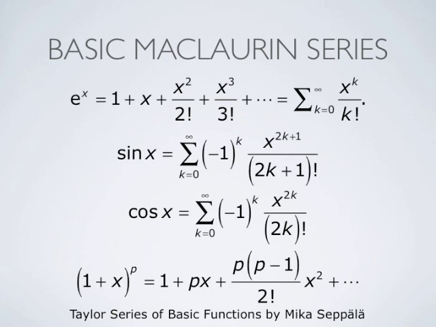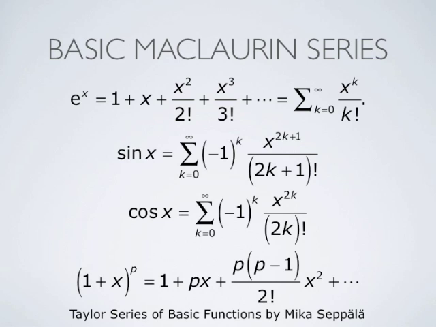We have obtained the following basic Maclaurin series. For the exponential function e to the x, we have e to the x equals 1 plus x plus x squared over 2 factorial plus x cubed over 3 factorial plus, and so forth. That is e to the x equals summation k from 0 to infinity x^k divided by k factorial.